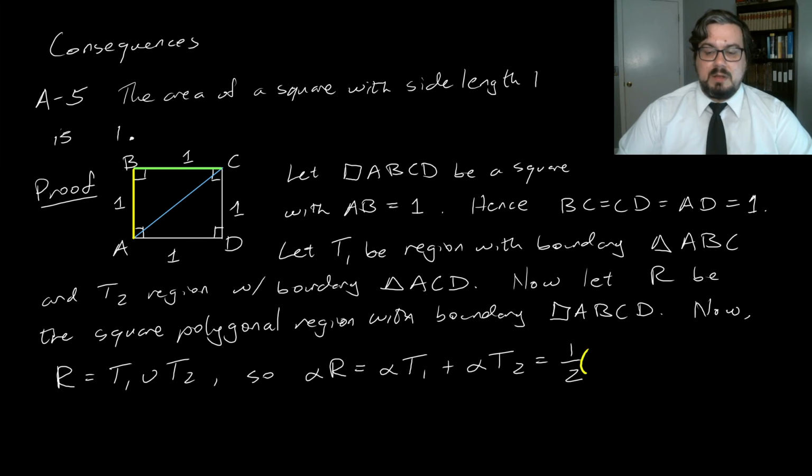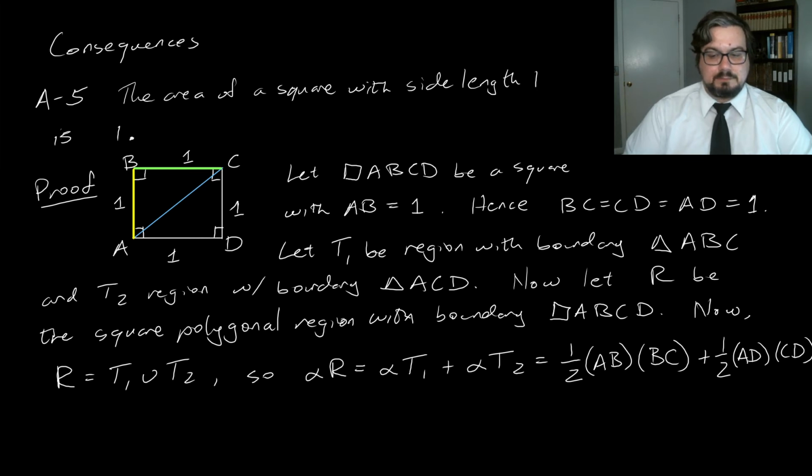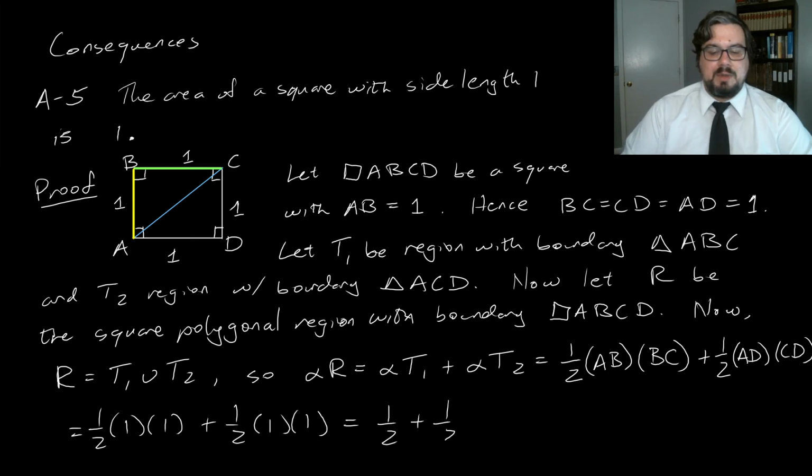So the area of T1 is 1/2 times the length of AB times the length of BC. And we have that the area of T2 similarly is 1/2 times the length of AD times the length of CD. But we know that all of these lengths are just 1. So we get that the area of R is 1/2 plus 1/2, which is 1.